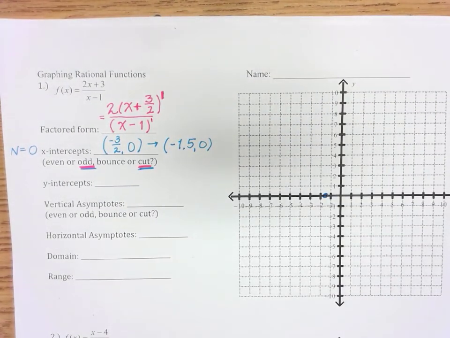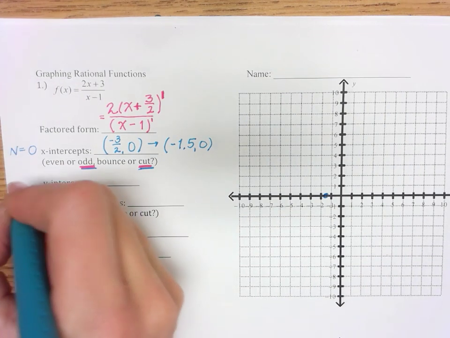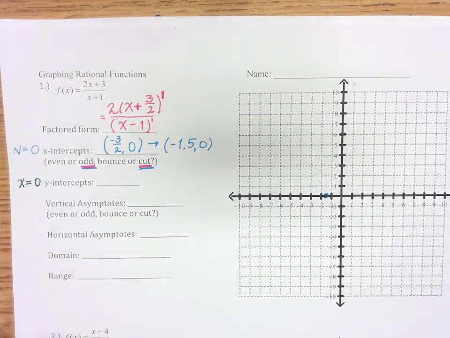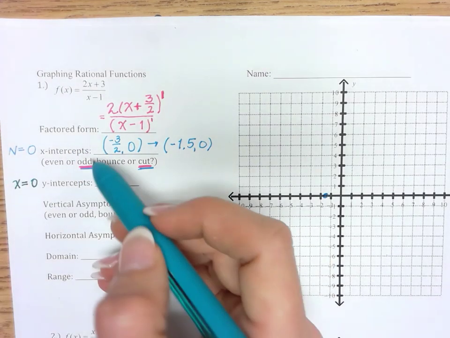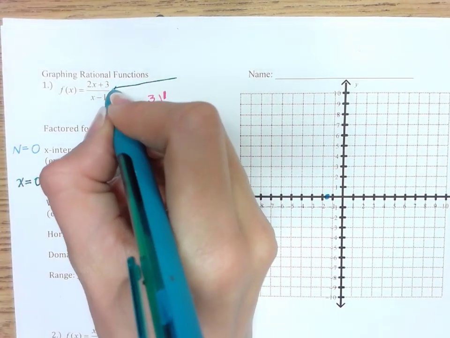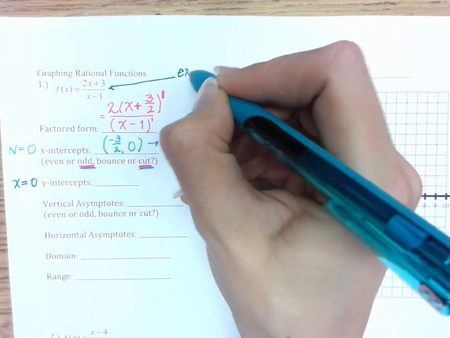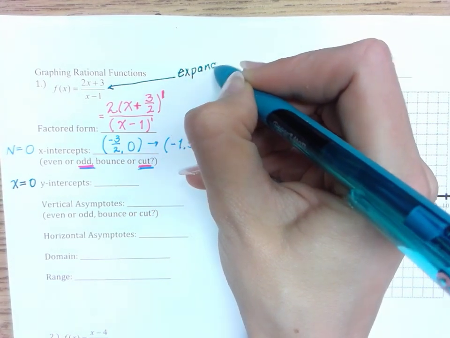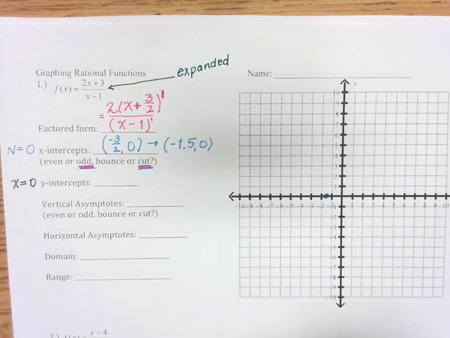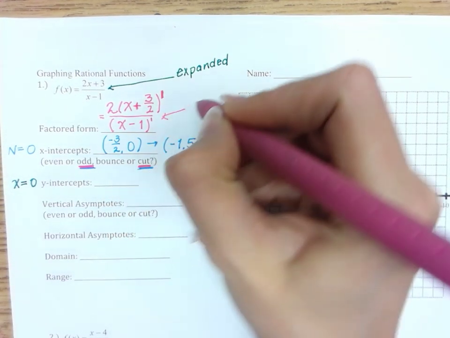From here, we're going to do the y-intercepts. How do you get y-intercepts? Y-intercepts you get by setting x equal to 0. When we fill in 0 for x, we like to use expanded form. So here is my expanded form, and this right here is essentially my factored form.